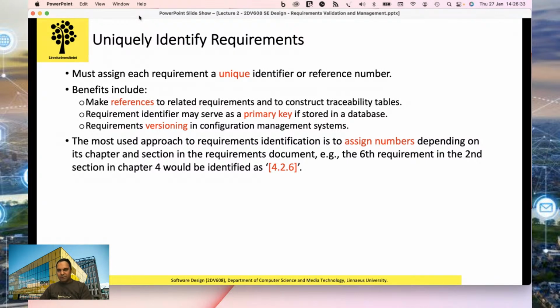So for example, if a requirement is number 6 in the second section of chapter 4, you can identify that requirement as 4.2.6, but then there is a problem with this, right?